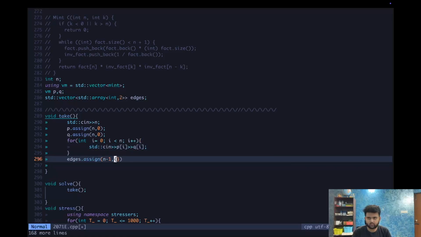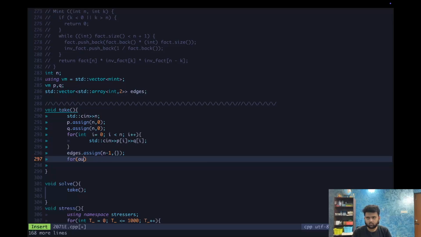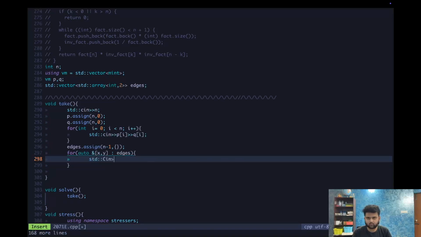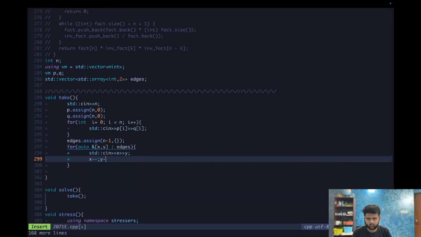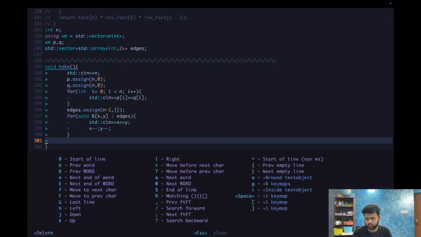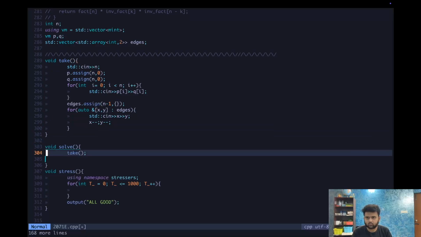You have n minus 1 edges; for all edges, you take input and convert back to 0-based indexing. That's my preference, but you can choose not to.